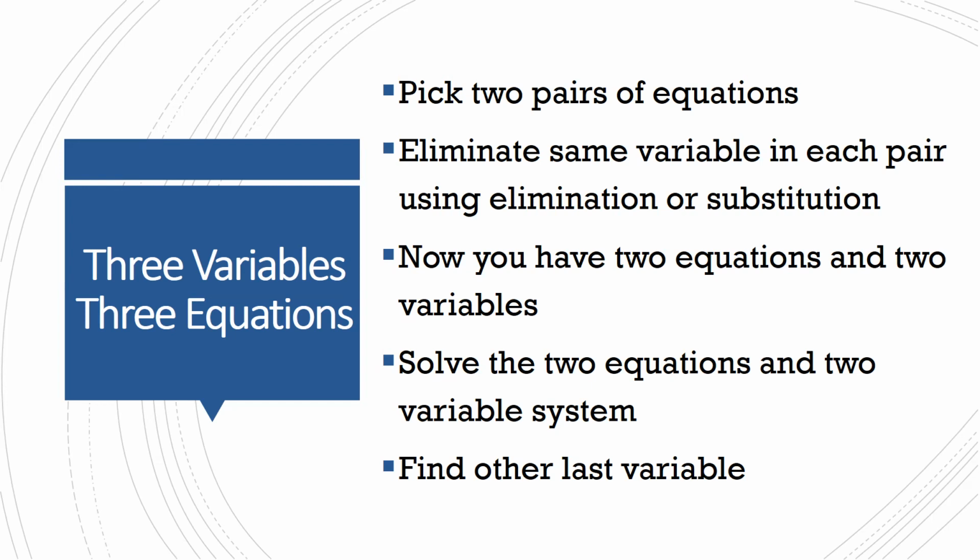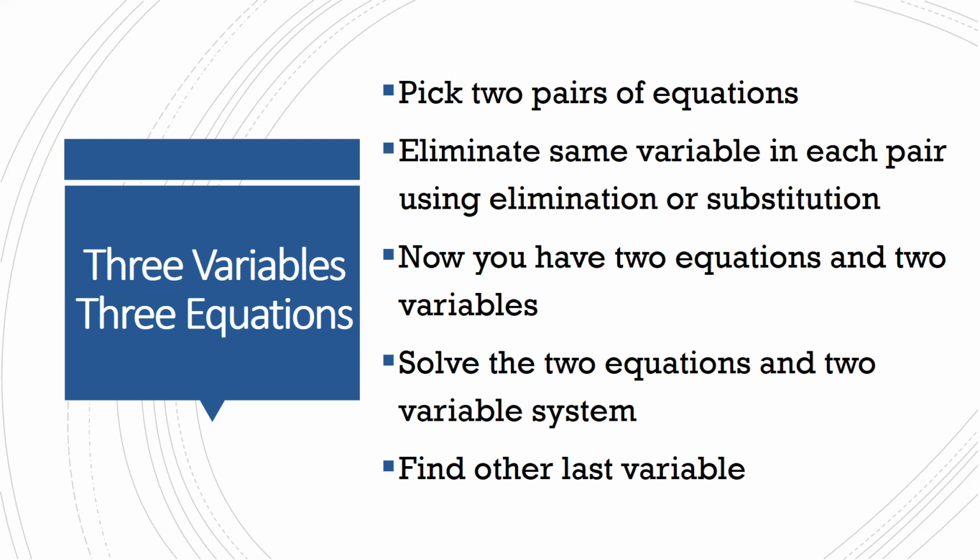If we're trying to solve a system of equations with three variables and three equations, what we're going to do is pick two pairs of equations. With those two pairs of equations, we will eliminate the same variable in each pair. We can do that by using the elimination or substitution method we have seen earlier.